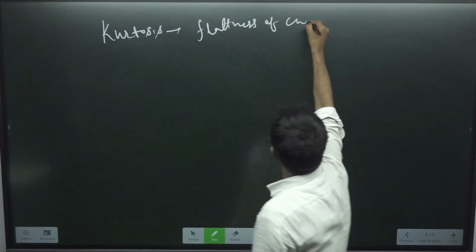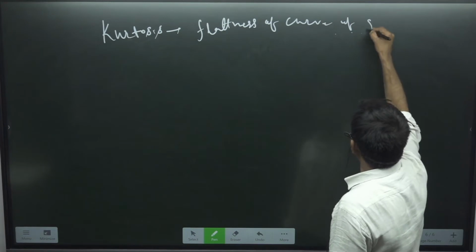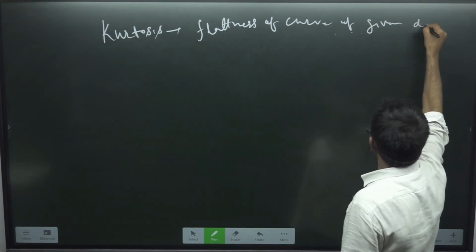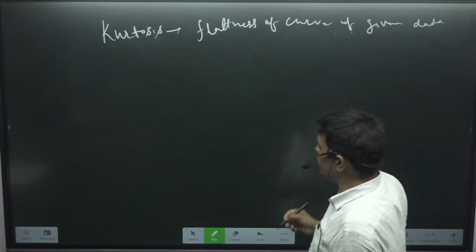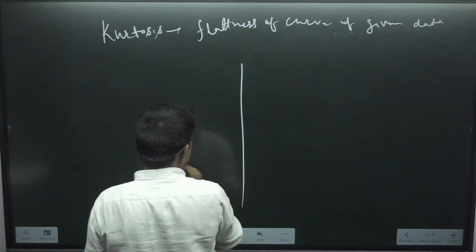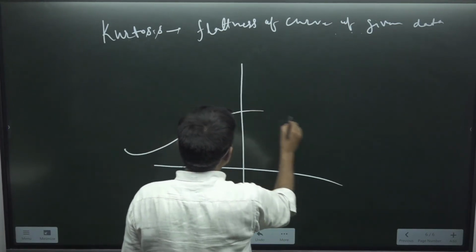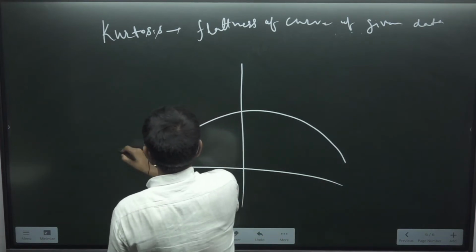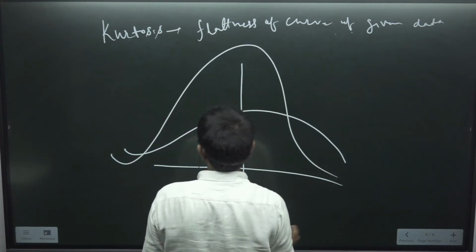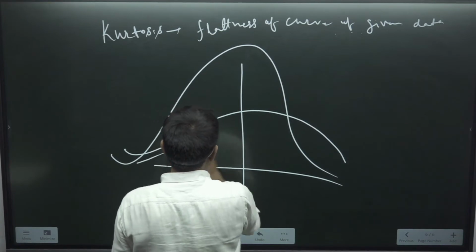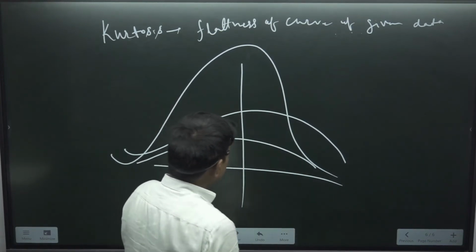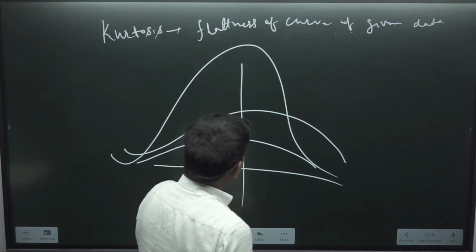Which type of curve is it? Sometimes the curve is in a normal situation, sometimes it has a very high peak, sometimes it is very low. So there are different types of curve.